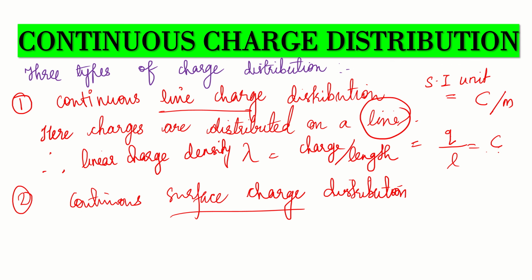Q is C, length is meter. So coulomb per meter is the SI unit.